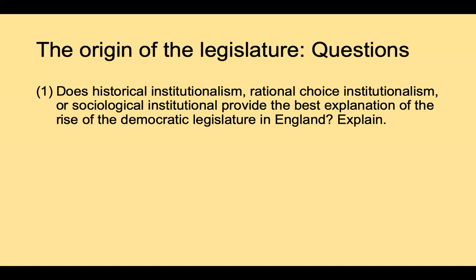They have different ideas about where these institutions come from, what they do, how and why they're created, and who creates them. So, which of them provides the best explanation of the rise of the democratic legislature in England?